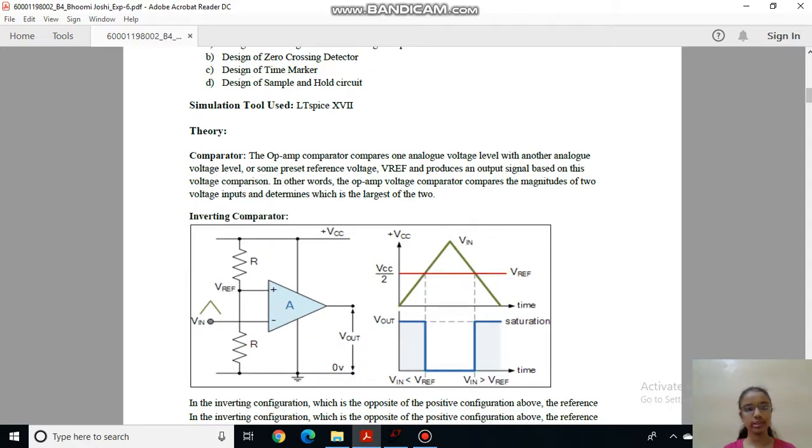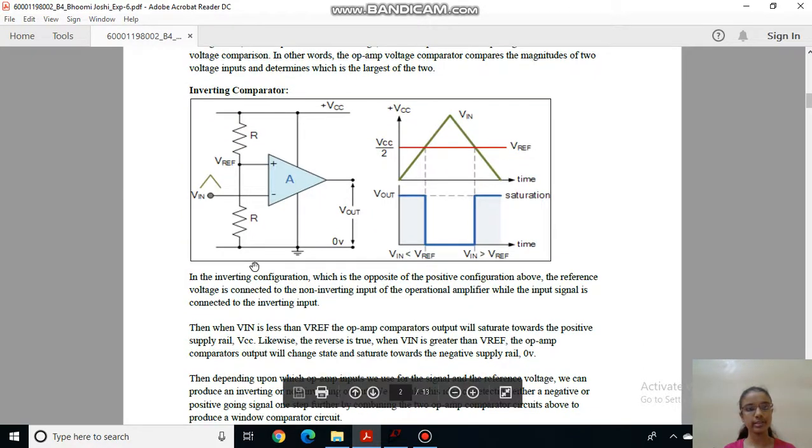So this is the circuit of inverting comparator. As you can see, input voltage is applied to the inverting terminal and reference voltage is applied to the non-inverting terminal. As we know, digital output has always two levels. One is positive and another is negative.